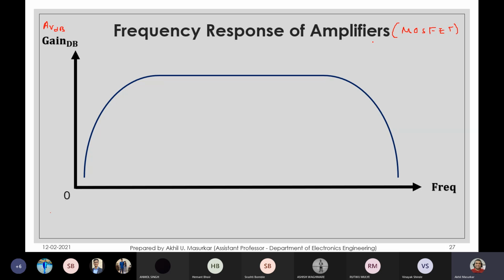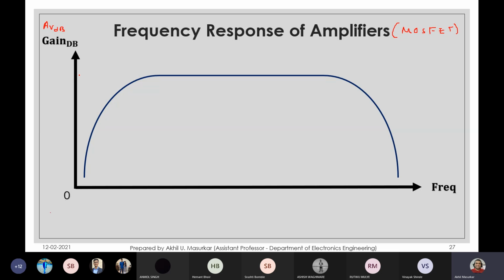Now we want to see how this is for a MOSFET based amplifier. Through our labs, experiment 2, we have seen how to do the calculations, and experiment number 3, on low frequency response, we saw how to calculate FL. Today we will also see how to calculate FH. Next week we will do an experiment on high frequency response, and then finally go to the multi-stage part.